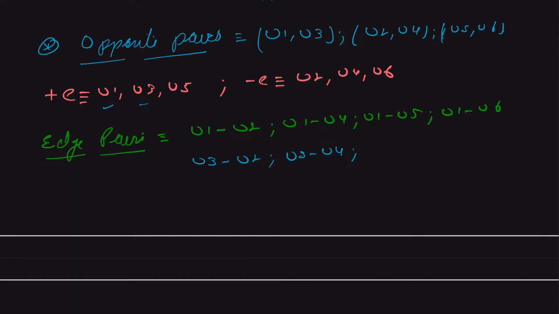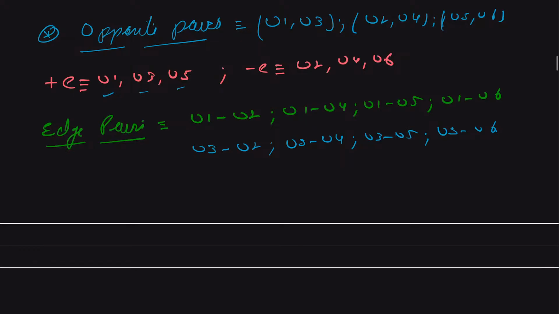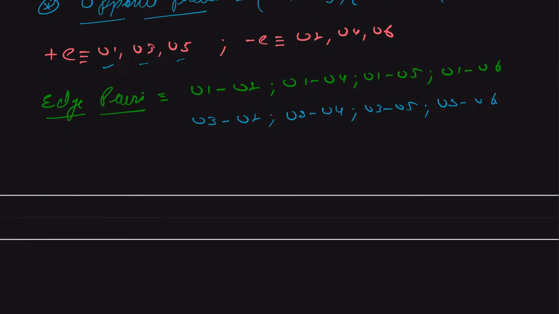So we got V3 with V4, then V3 with V5, and V3 with V6. Then we come to V5, with V2 and V5. What else is left?